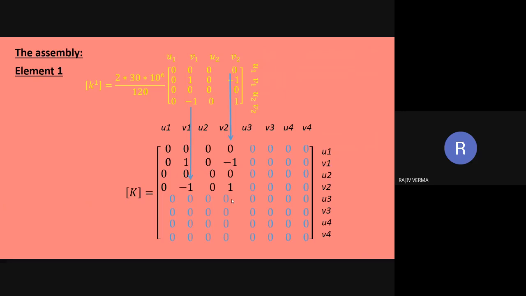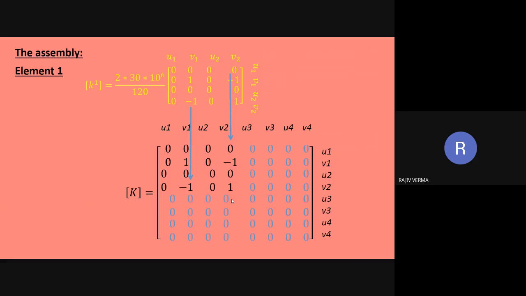The rest of the terms, which are zeros in the global stiffness matrix, represent that we do not have contributions from any of the elements at these positions. The positions occupied by contributions of element number 1 are indicated by positions which are black in color.